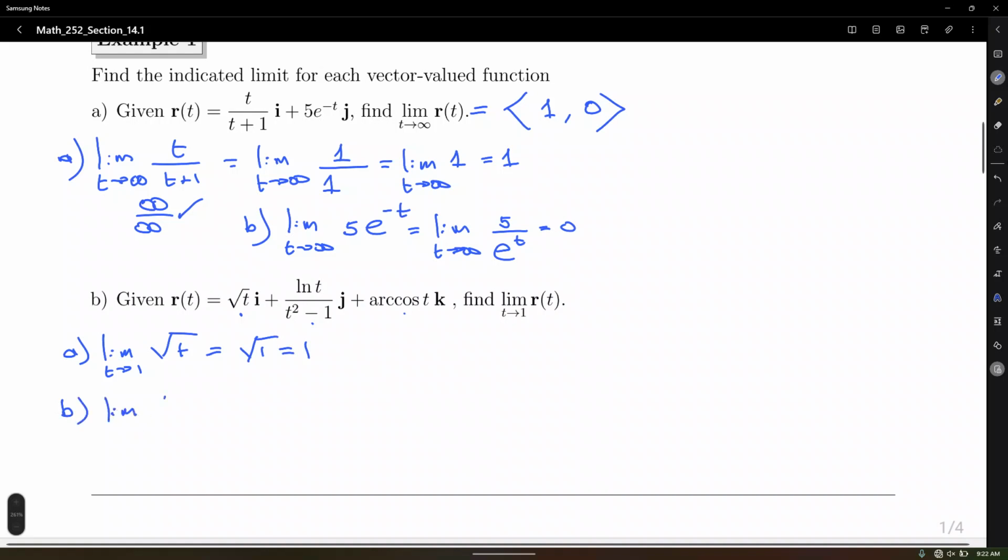Letter B, limit of ln of t over t squared minus 1 as t approaches 1. Okay, so what's ln of t in the numerator? 0. What's 1 squared minus 1? Isn't that another 0? So we get the indeterminate form 0 over 0.